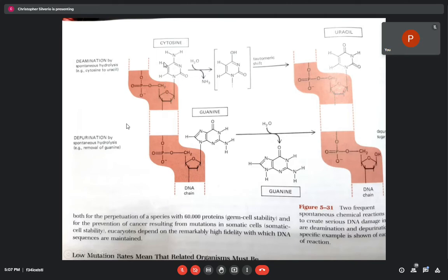And you know, what is this type of nucleotide? What is this type of nucleotide? This is a what? Michaela, what type of nucleotide is that?